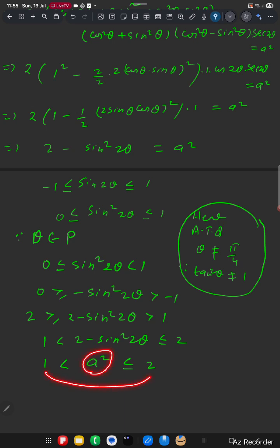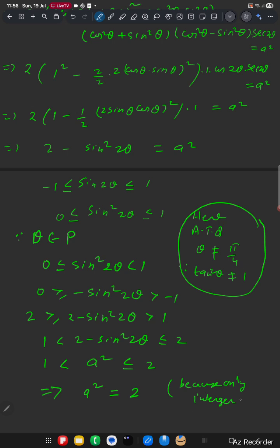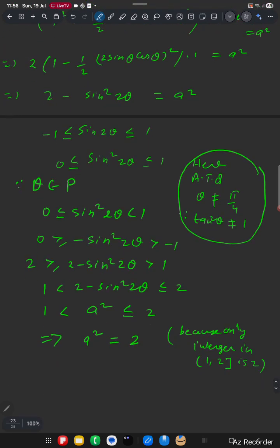A square lies between 1 and 2; it is not equal to 1 but can equal 2. The only integer in this interval, since 1 is not included with the equality sign, is 2. So this implies that a square is equal to 2, because the only integer in the interval 1 to 2 is 2.